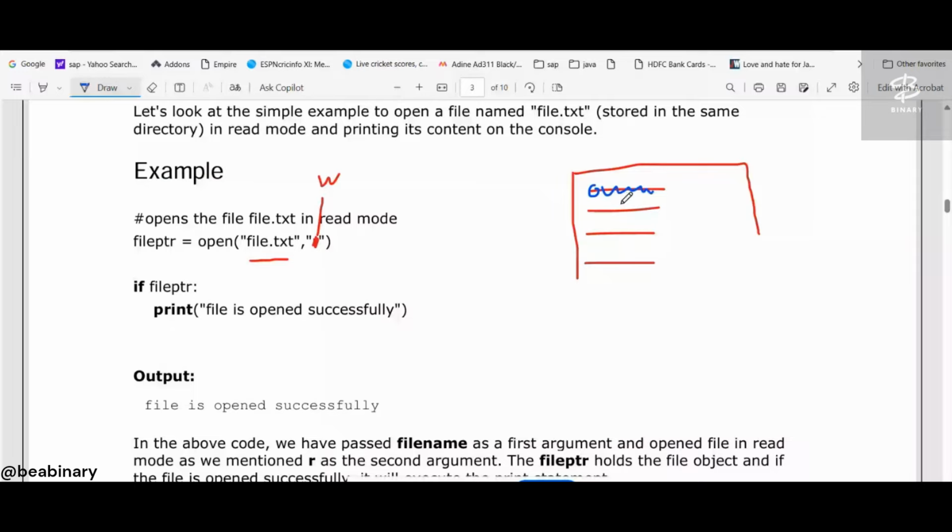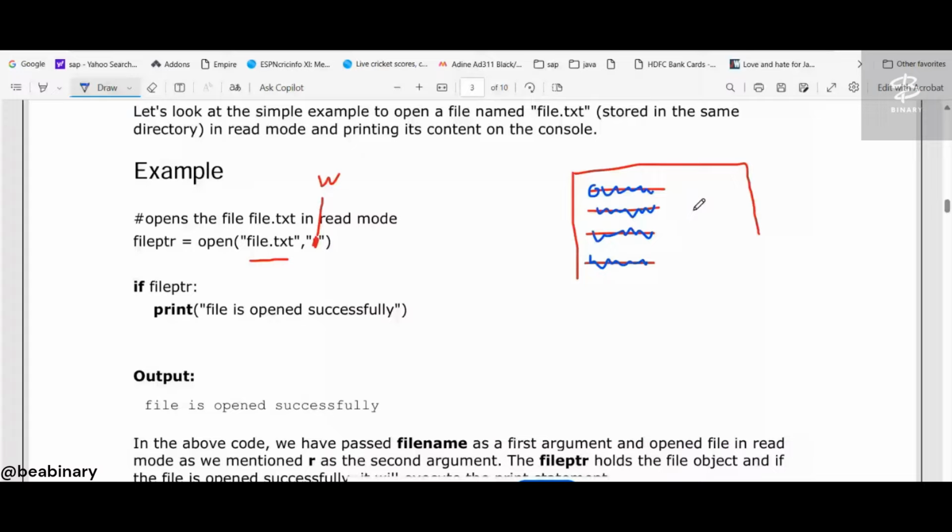Getting the point? So what is the drawback in write mode? The past data would be overwritten. Overwritten means you will write over already existing data, so that old data would be erased.